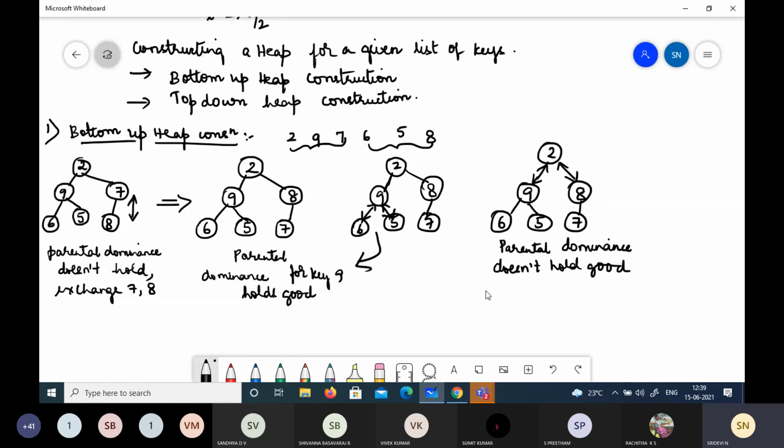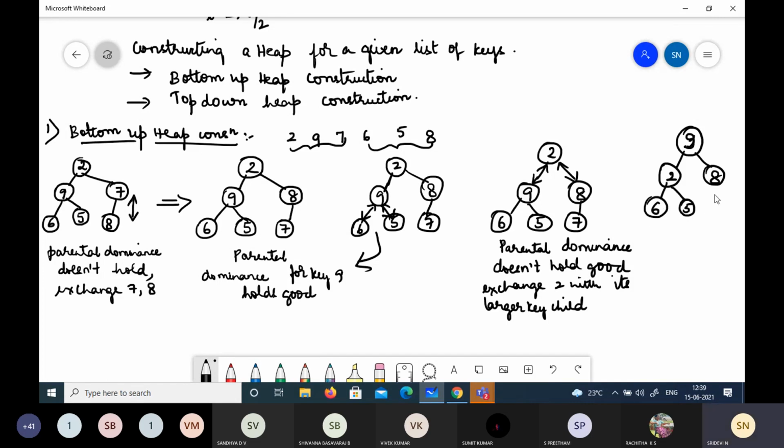So we are exchanging 2 with its larger key child. We'll place 9 here and we are placing 2 here. 8, 6, 5 and 7. Check now.